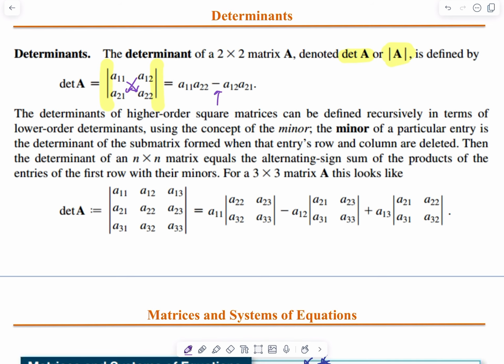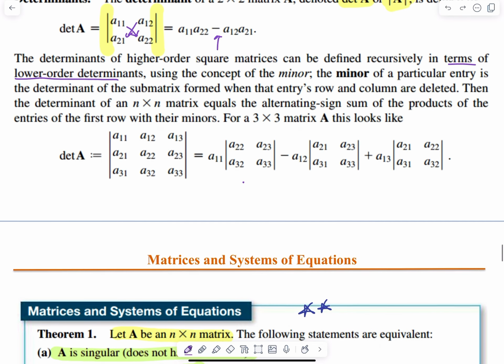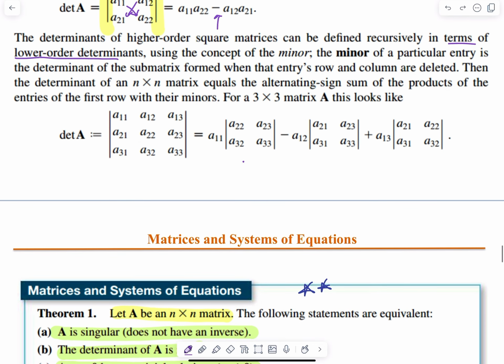Higher order square matrices, anything larger than 2x2, we can define recursively in terms of lower order determinants. So we form a sub-matrix when that entry is deleted. If we are working on this entry, we will delete this column and have this left as a determinant.